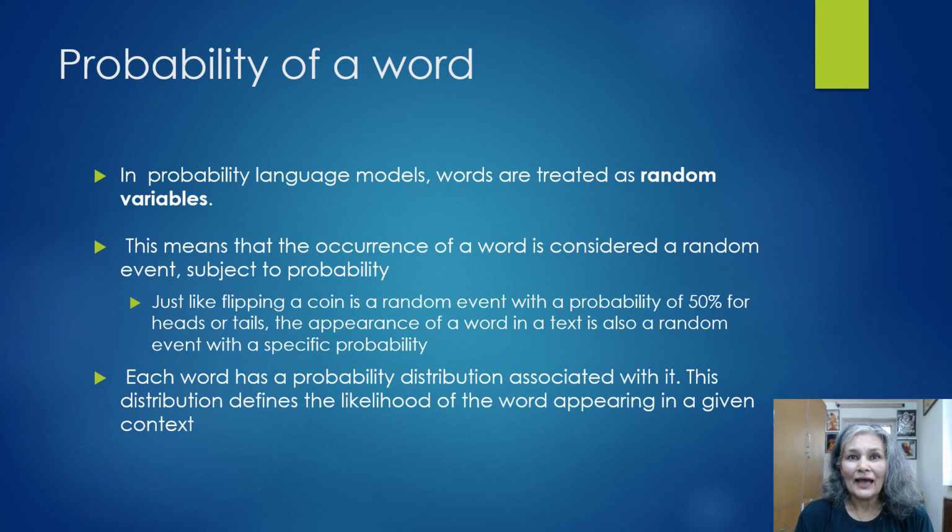Each word has a probability distribution associated with it. This distribution then defines the likelihood of a word appearing in a given context. I'll again define all these terms, but the likelihood can be just as in the case of a coin toss, where the likelihood of the coin coming up heads is 50% and tails is 50%.